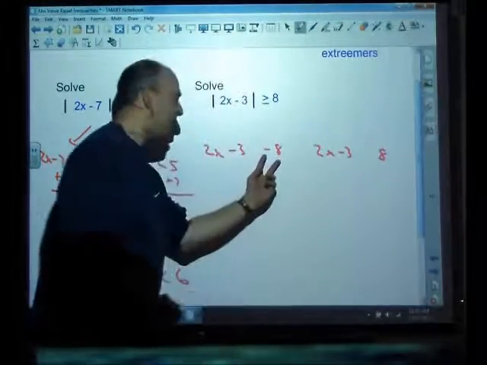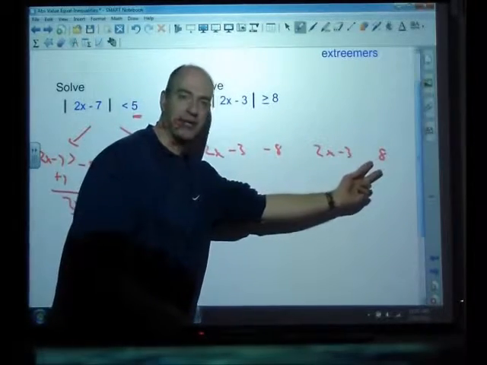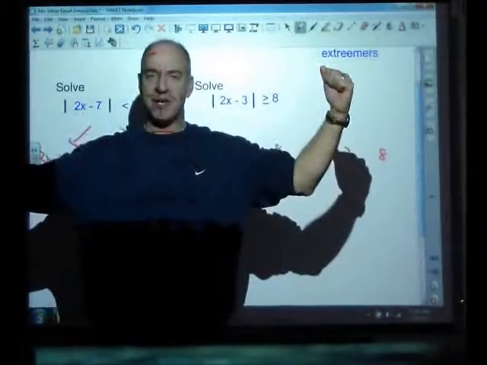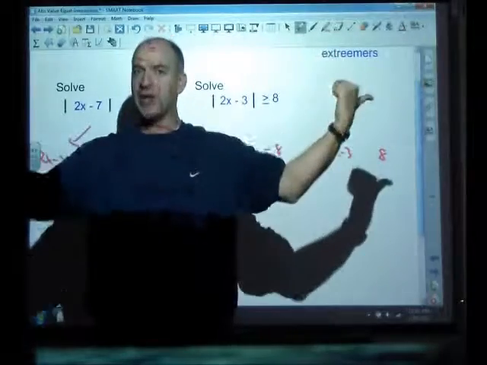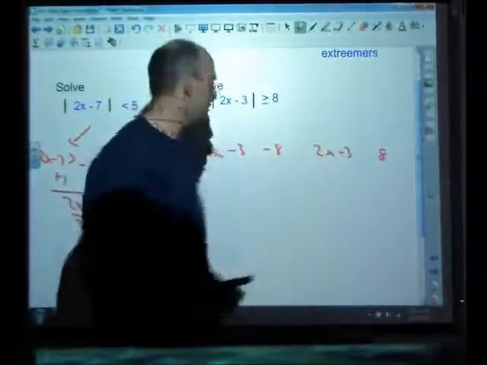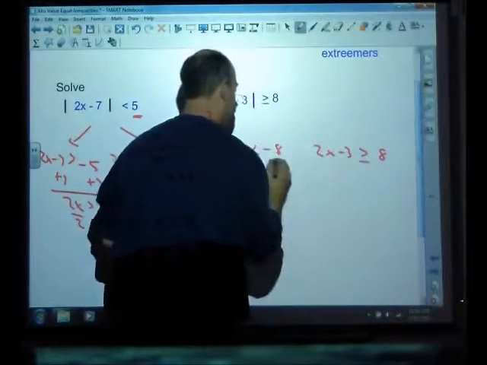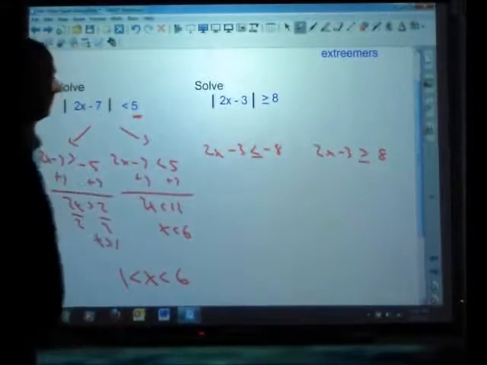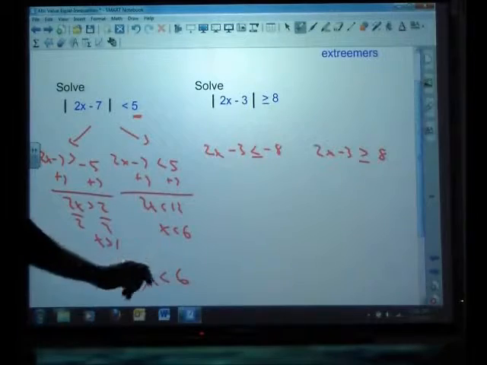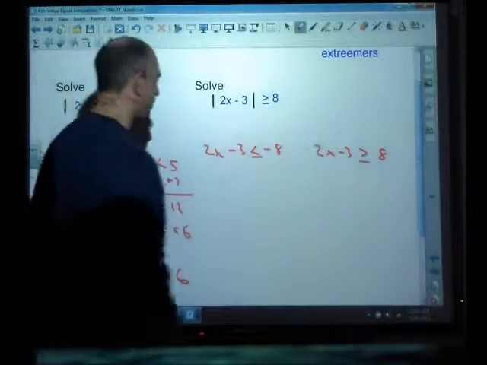I hope you have a negative boundary to consider and a positive boundary at negative 8 and positive 8. And I want to be equal or greater than, beyond those boundaries, which is less than that one or greater than that one. And it would look like that. And then we solve that now.